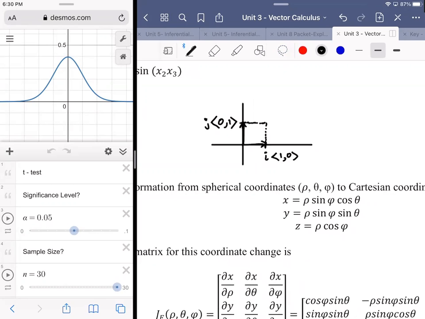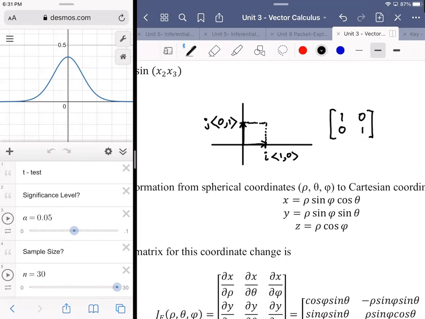So I can make a set of column vectors out of this, 1, 0, 0, 1. And that's our standard identity matrix for the ordinary rectangular coordinate system with a basis of i, j.